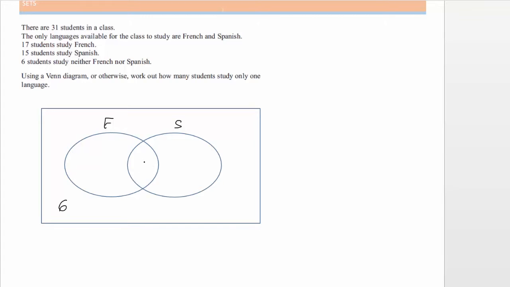So let me call the amount in the overlap x, then those that study French only will be 17 take away x. Those that study Spanish only will be 15 take away x. We know that these 4 regions add up to 31: 6, French only, French and Spanish, Spanish only equals 31.